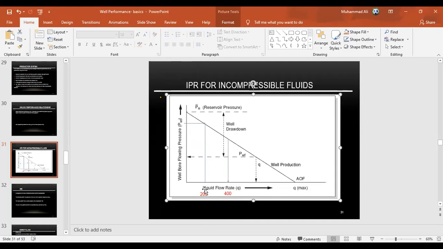Now, as you see, when the flow rate is increasing, the pressure is declining.